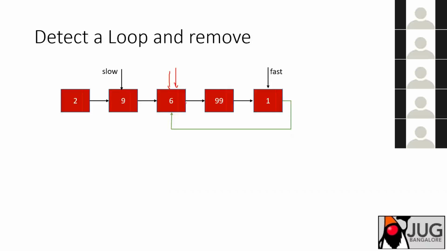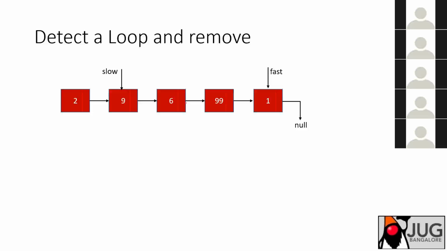I made a mistake and forgot to add one more slide here. If you see the code, it will be clearer. Slow will move to the 6th place, and fast is supposed to move, but just before moving it checks if fast.next is the slow reference itself. If that is the case, I mark fast.next as null. That is what I have done.